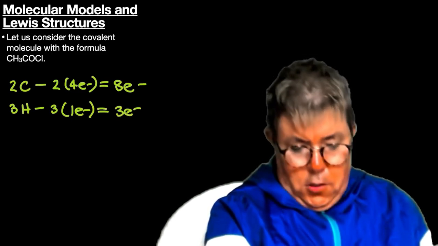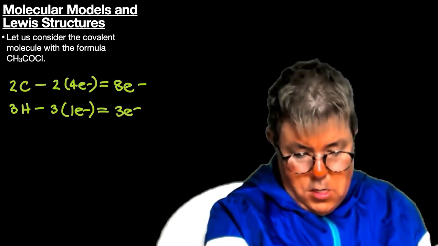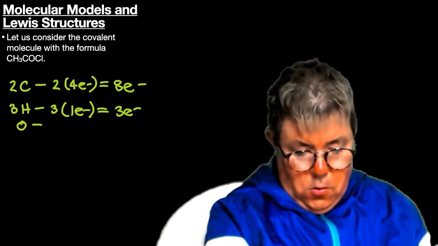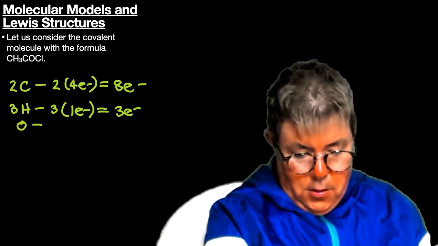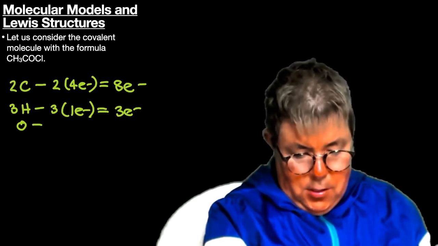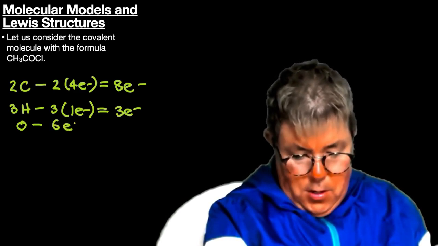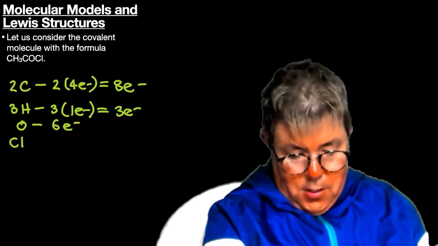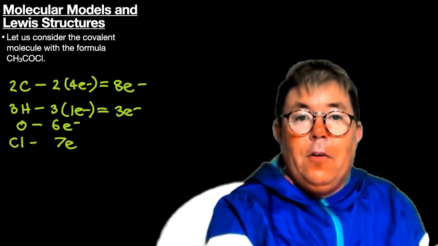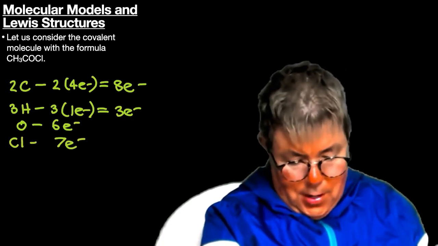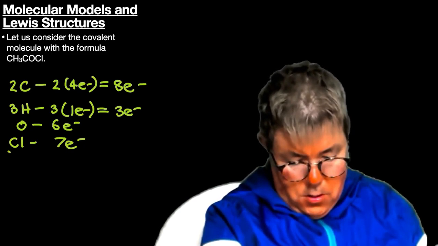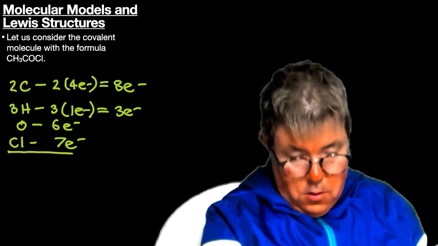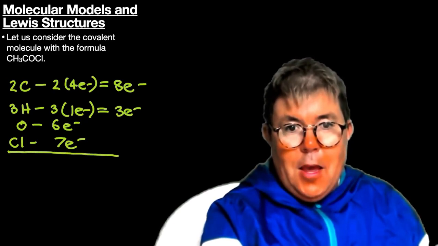Now we have an oxygen, which has a total of what? Oxygen has 6 e-, and then we have chlorine, which has 7 e-. So now let's add everything up. When I add everything up, what do we get?